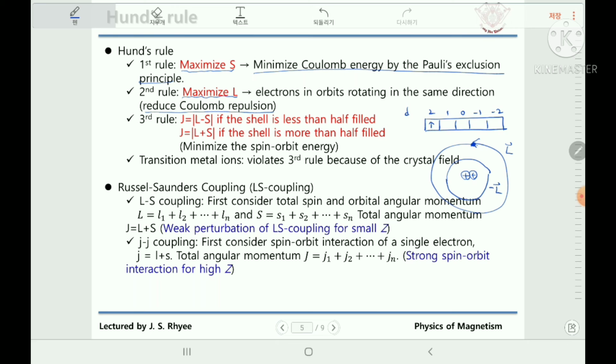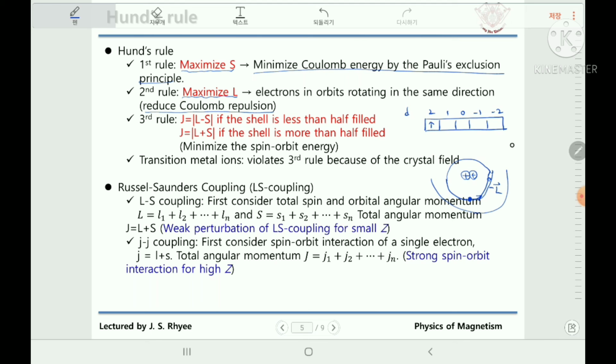One electron is here and the other is there, moving in the same direction of revolving motion, so they stay far from each other. Therefore, electrons in orbits rotating in the same direction reduce the Coulomb repulsion. That is maximizing angular momentum.